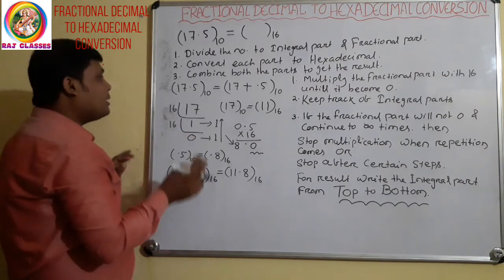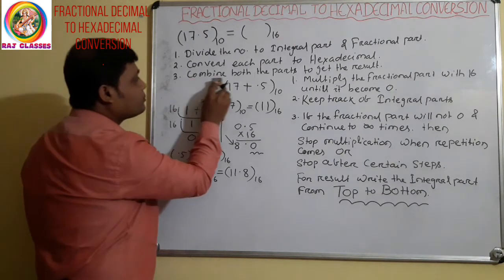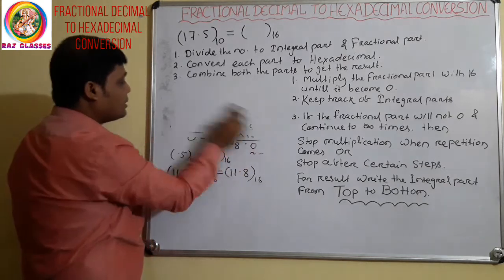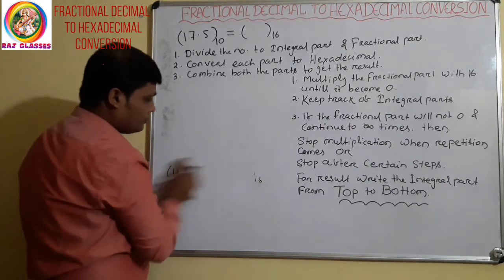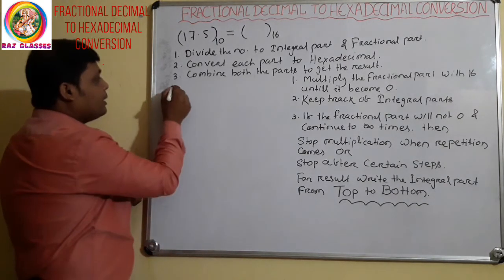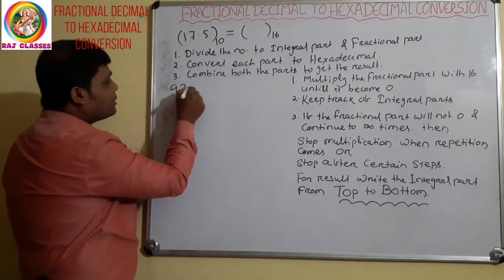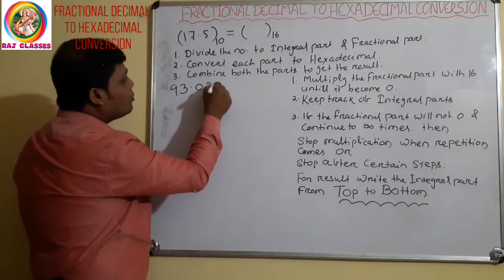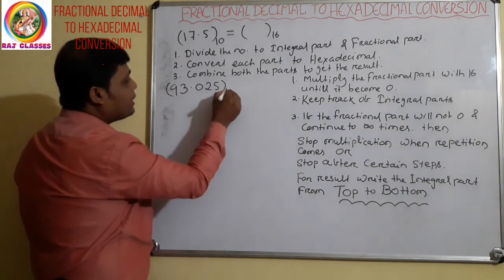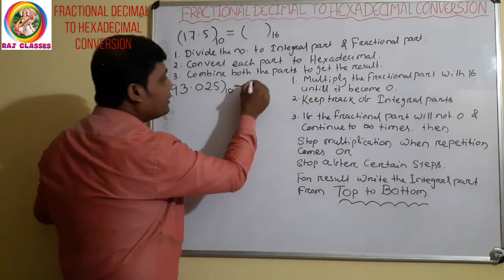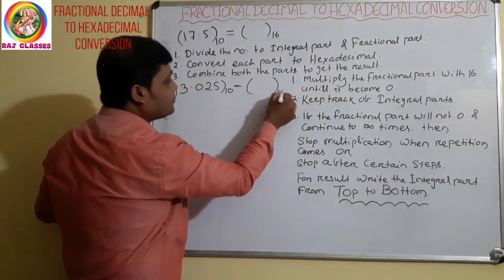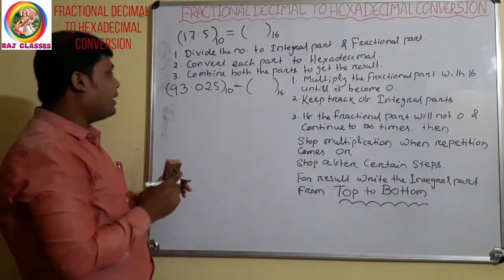Now come to another example: 93.025 base 10 converted to hexadecimal.